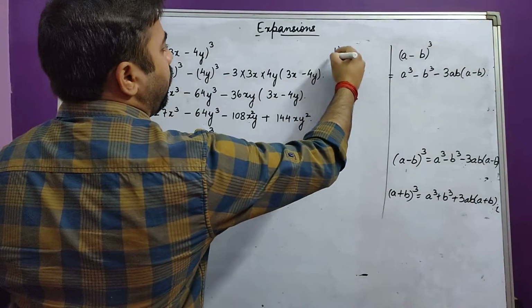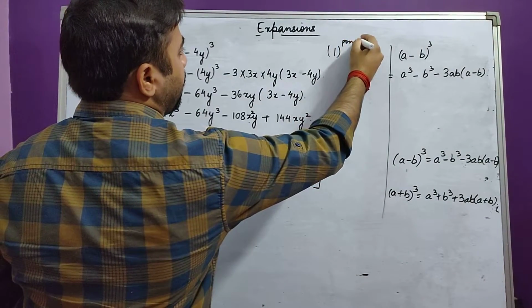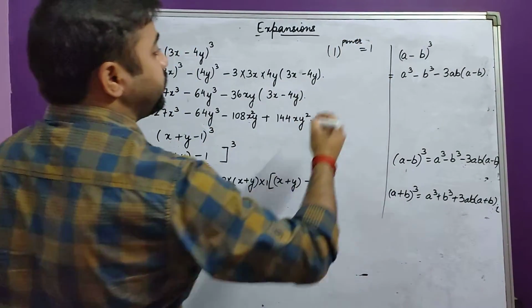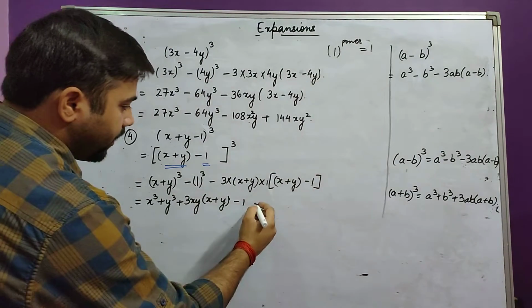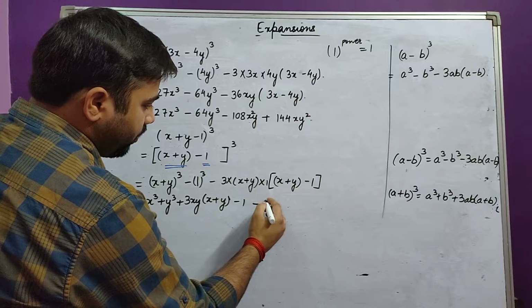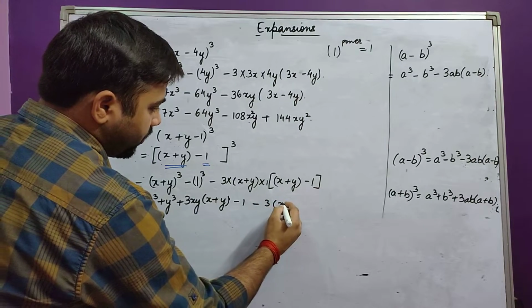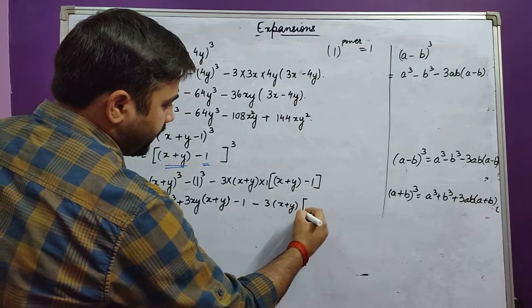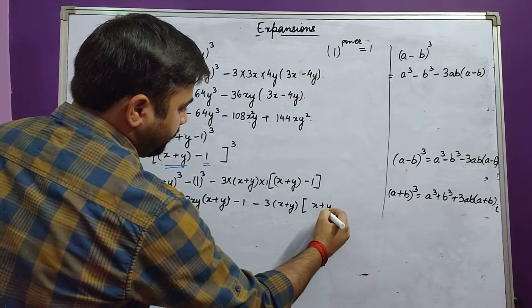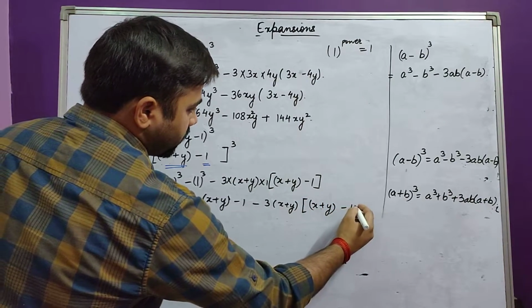Whatever be the power of 1, it will always come out to be 1. Okay. Minus 3 (x plus y) within the bracket (x plus y minus 1).